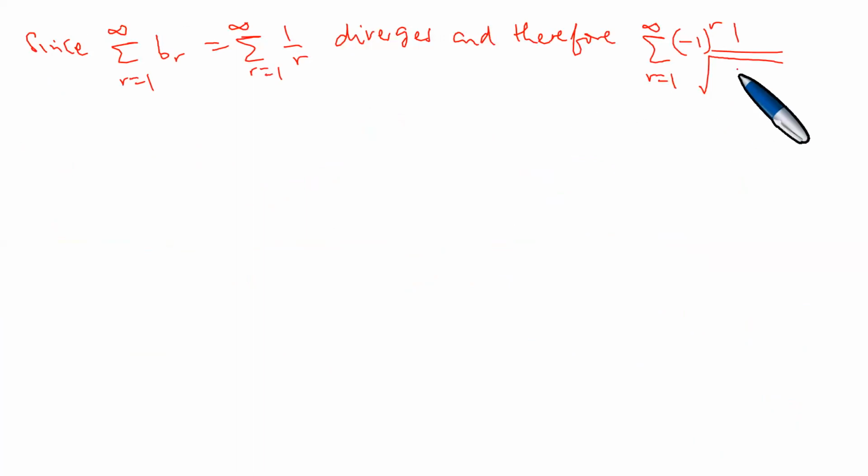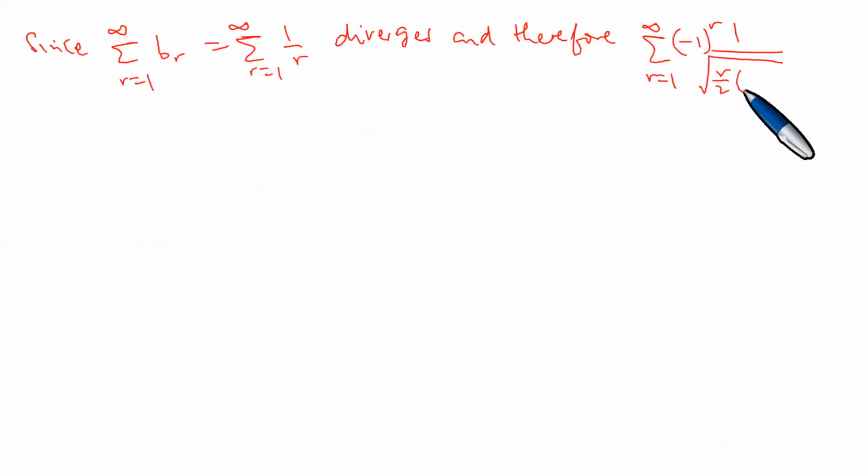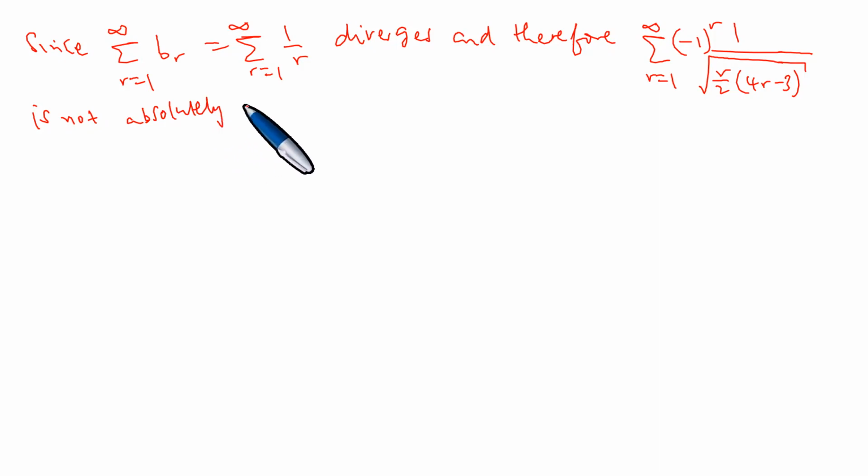For r minus 3 over 2, this one diverges, and therefore that series is not absolutely convergent.